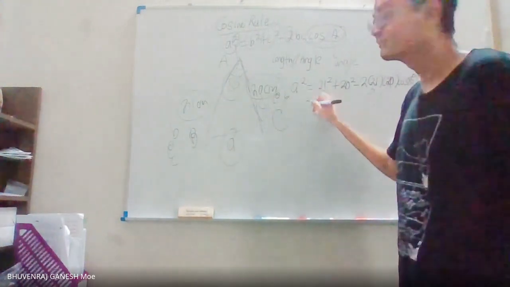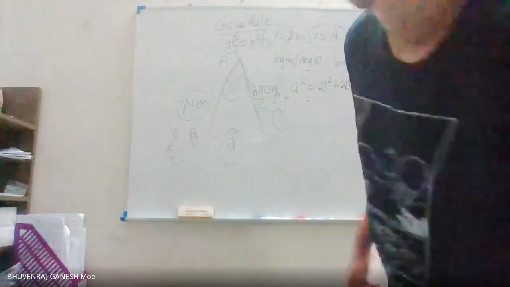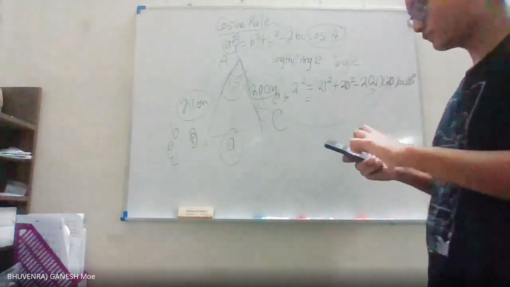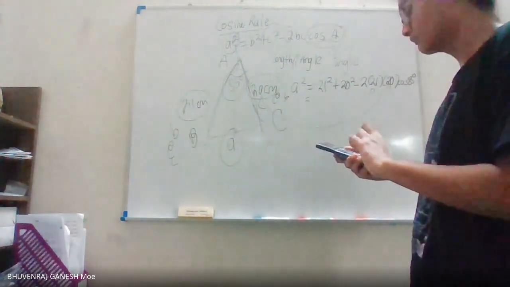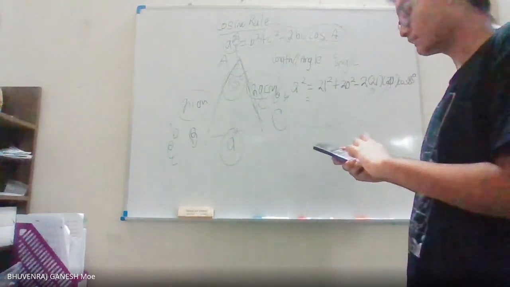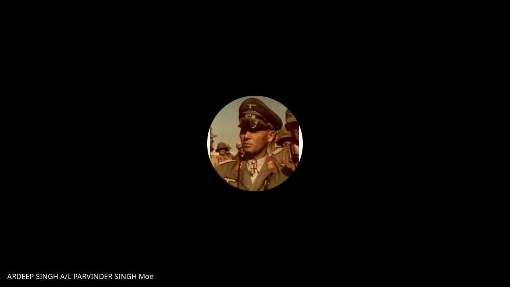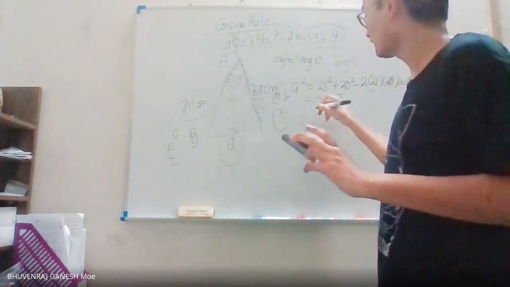This one, again, calculator. No one can solve this in the brain. So, cos 85 times 20 times 21 times 2. Then 21 square plus 20 square minus the answer. You get 767.0.7892.